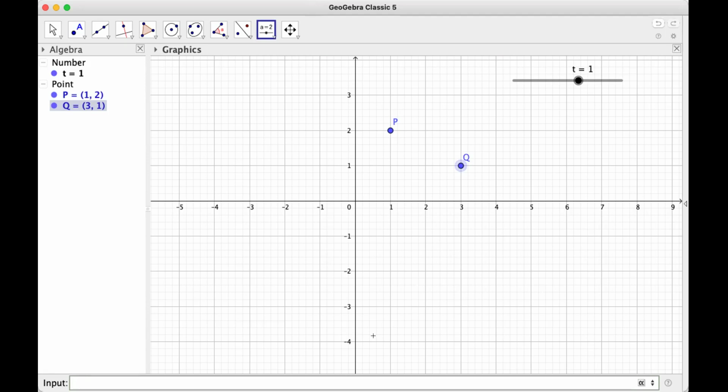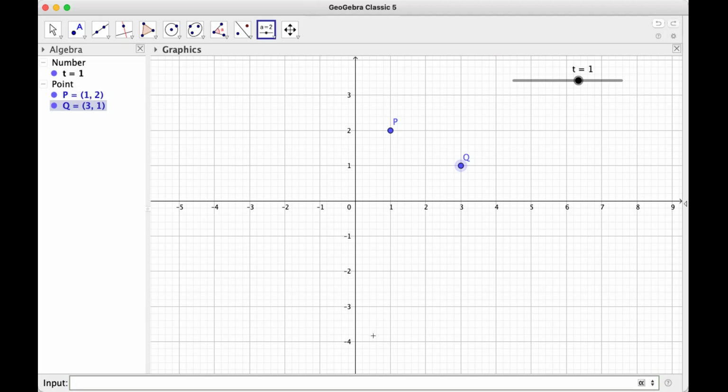And that gives you (1 plus 2 lambda, 2 minus lambda), if I'm not mistaken. That makes sense, that's what the answer gives us.